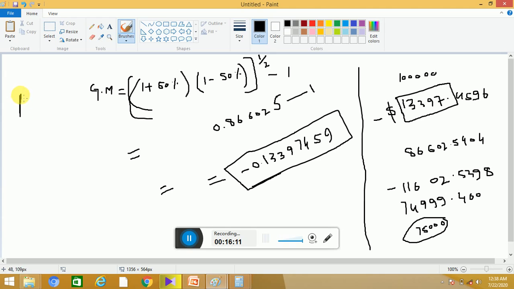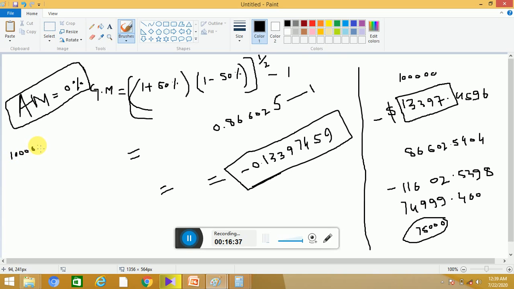Arithmetic mean was telling us there is a 0% profit, means no profit and no loss. But when we actually calculate, what was our initial amount? 1 lakh.